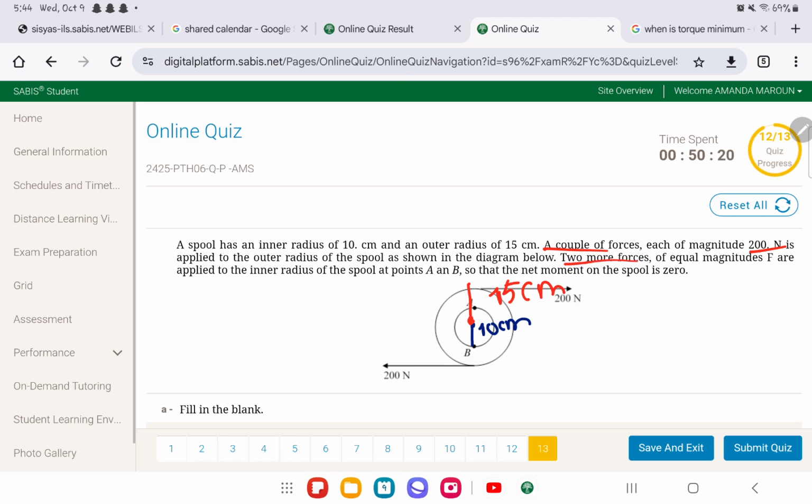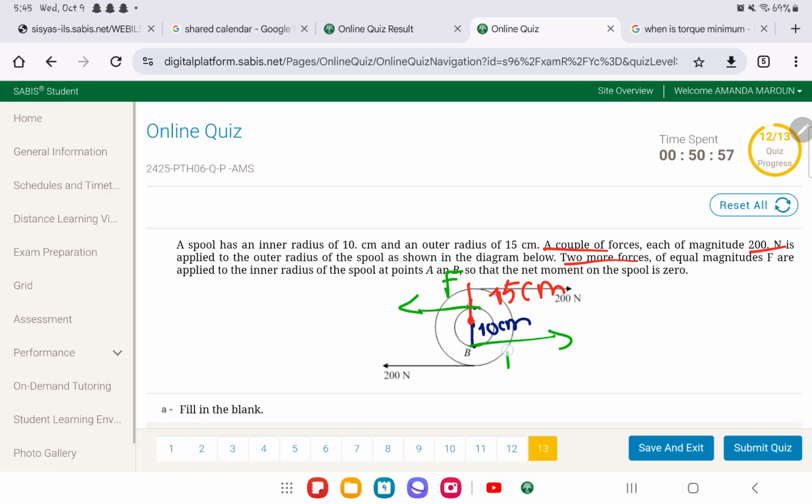Two more forces that we need to find, of equal magnitudes F, are applied to the inner radius. So they're telling us we have a force here, for example, and a force here, that have equal magnitudes F. They are applied to the inner radius. Actually, not where I drew them. They are applied at points A and B, meaning they would be from here to here and from here to here.